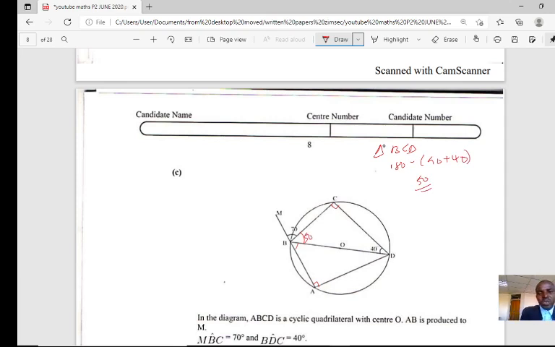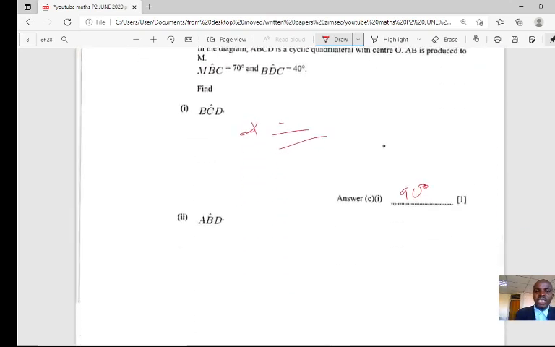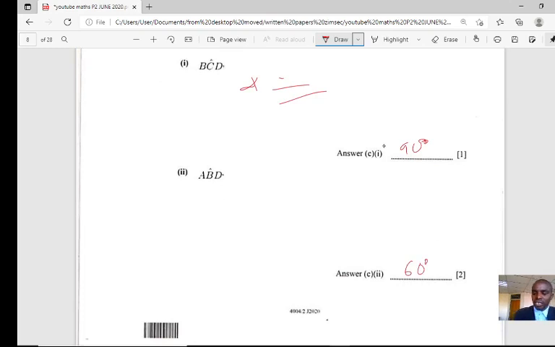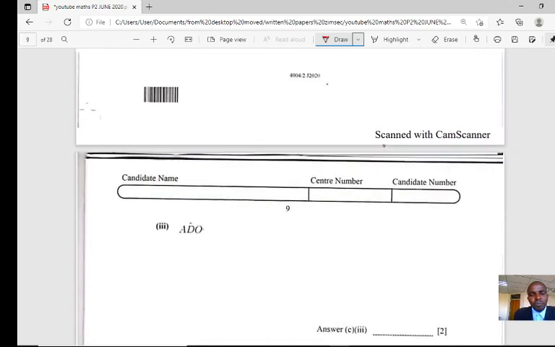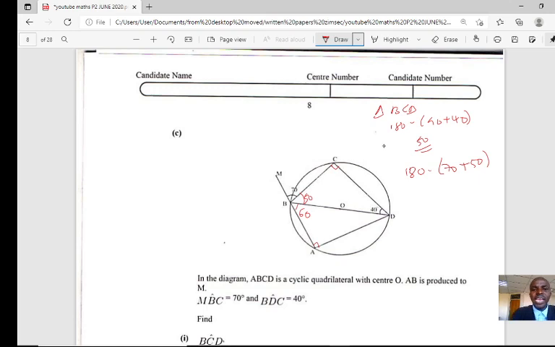Then for the other angle, ABD, the one that you want, we use adjacent angles on a straight line. Adjacent angles on a straight line add up to 180. So you say 180 minus 70 plus 50 degrees. What do you get? You get 60 degrees. So the required angle here is 60 degrees. Next, the angle needed is ADO.